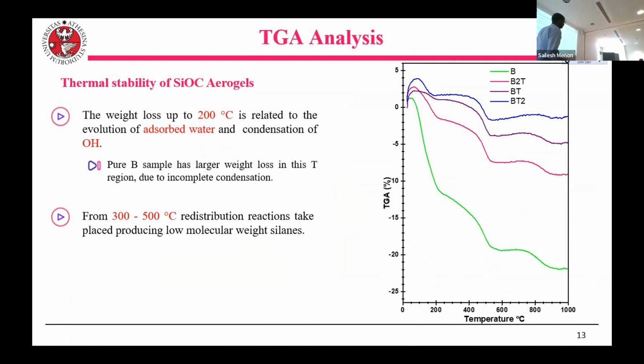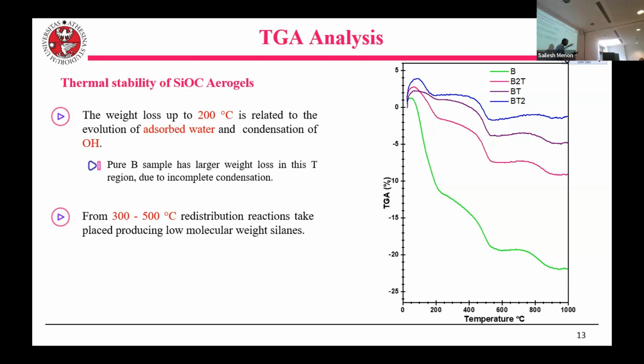Now we come to the TG analysis. Normally here we see a first weight loss, which is related to the evolution of absorbed water and also the condensation of OH bonds. In the FTIR analysis, where we also show these three samples, normally they have a very broad, intense peak at around 3400.